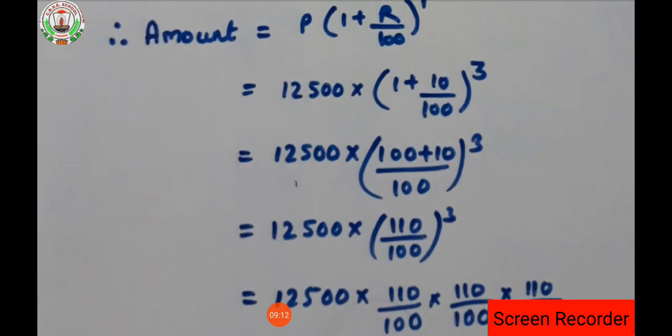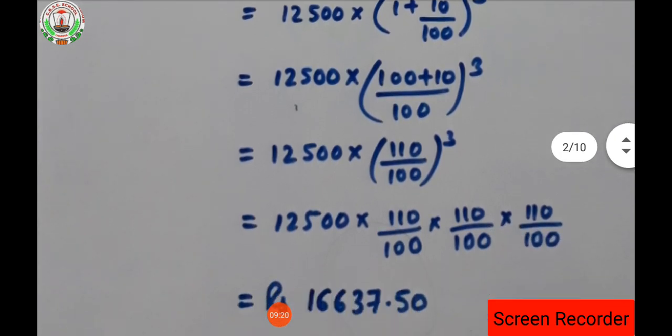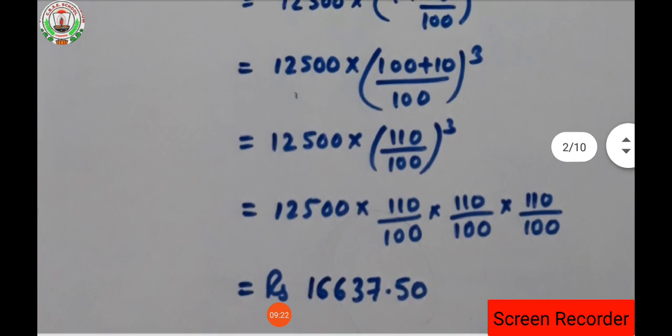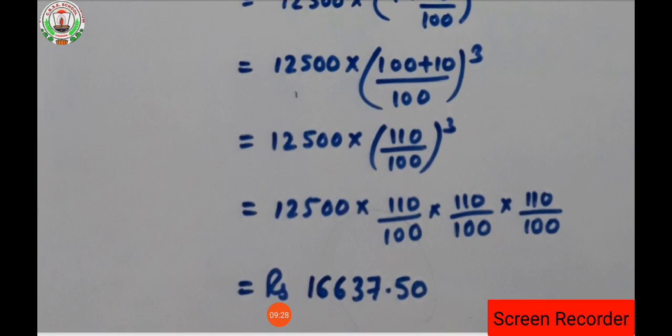Now after this, 12,500 into 110 upon 100, whole to the power 3. As the power is 3, the fraction 110 upon 100 will be split into 3 parts. We can cancel the numbers from here itself.